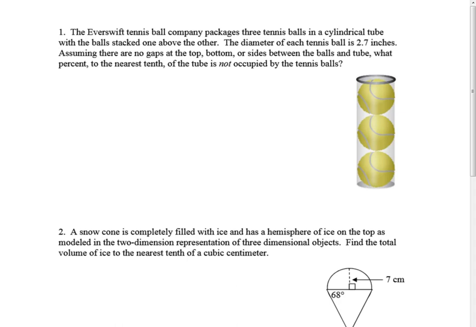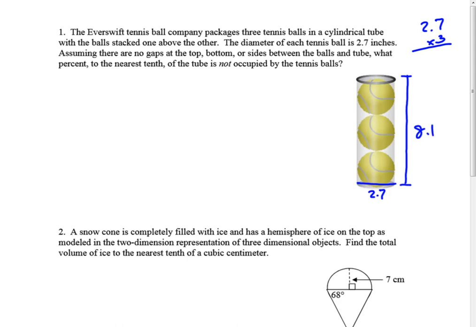So we know that the distance across here is 2.7. And so if we have 3 of these stacked on top, 2.7 times 3 would be 8.1. So that would be our height for this.